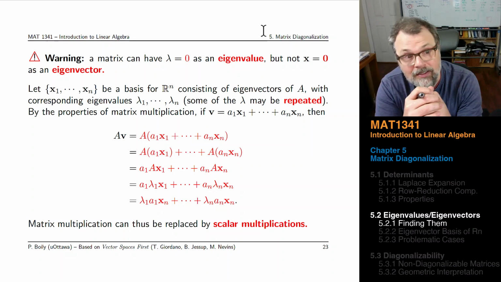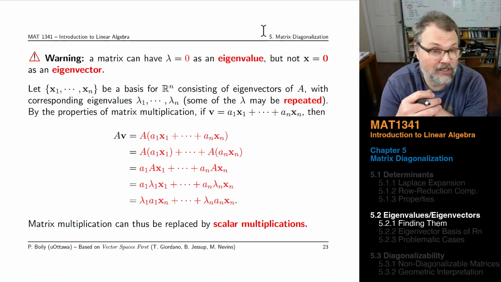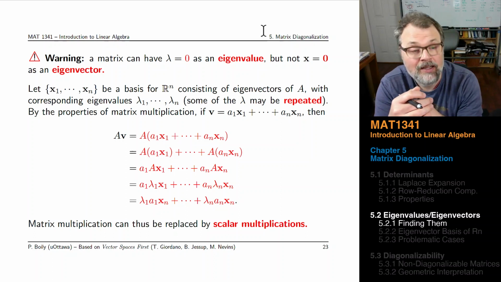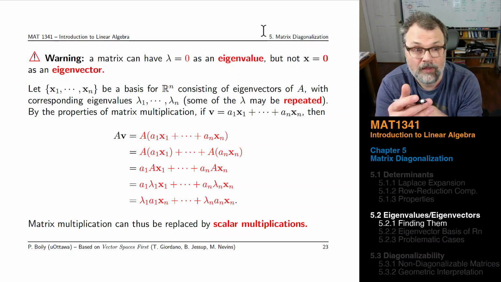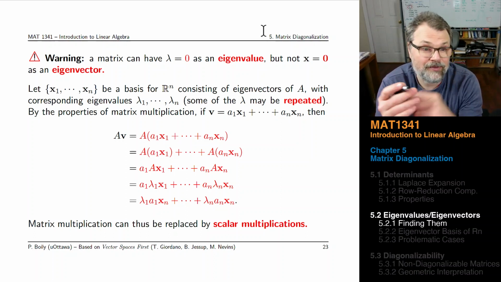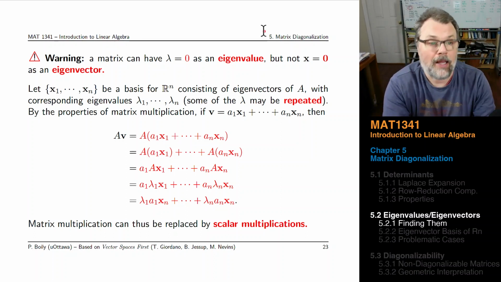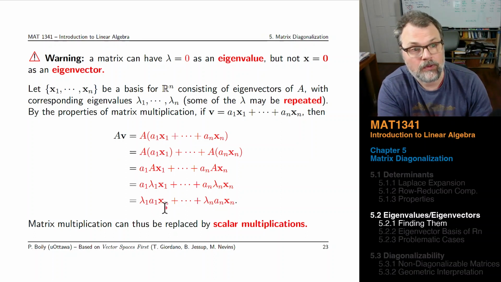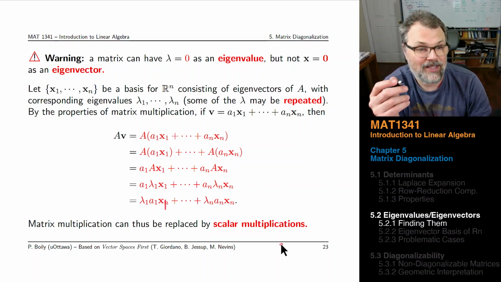And because xi was an eigenvector of A associated with lambda i, then you can replace each Axi by lambda i xi. And so in fact, A times v is really lambda 1 times a1x1 plus lambda 2 times a2x2 plus lambda 3 times a3x3 all the way up to lambda n times anxn.